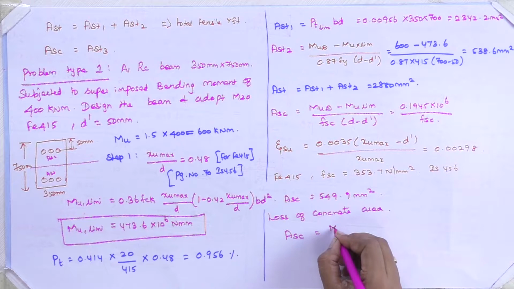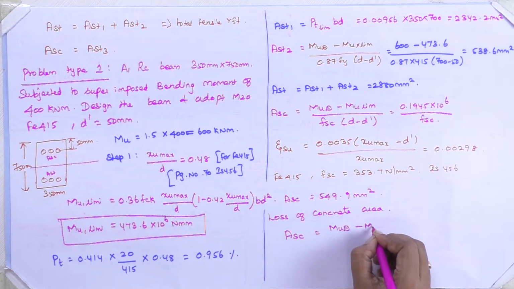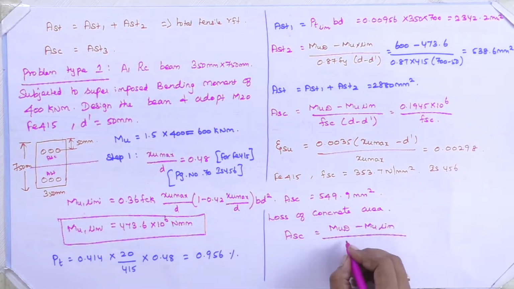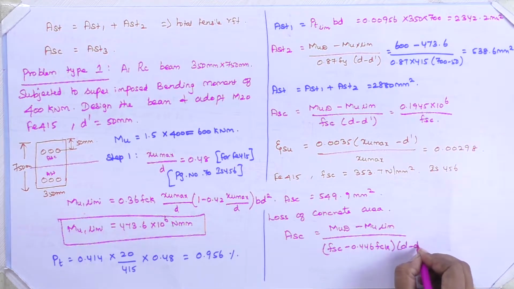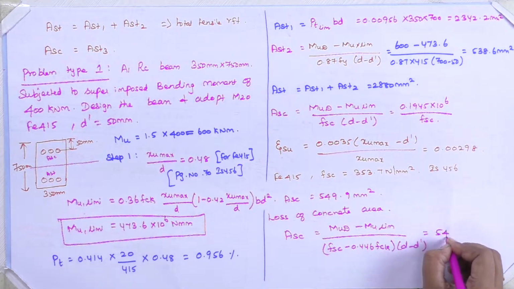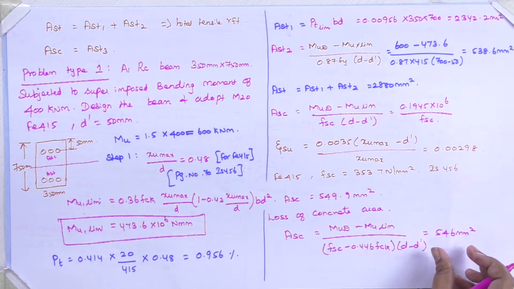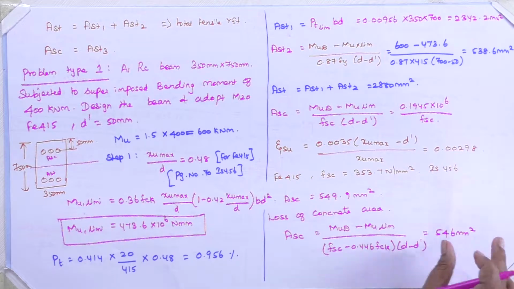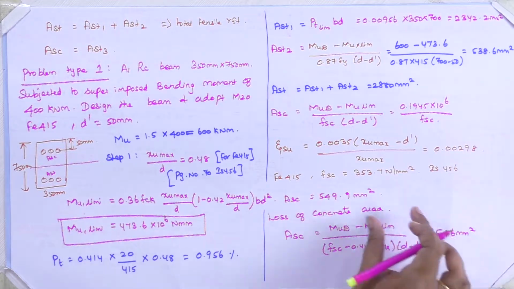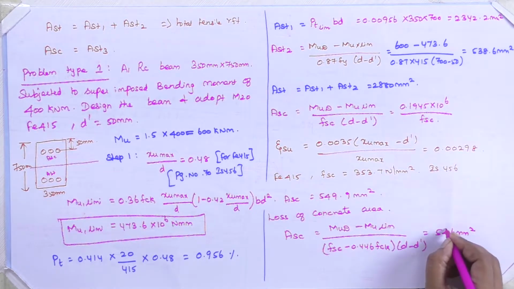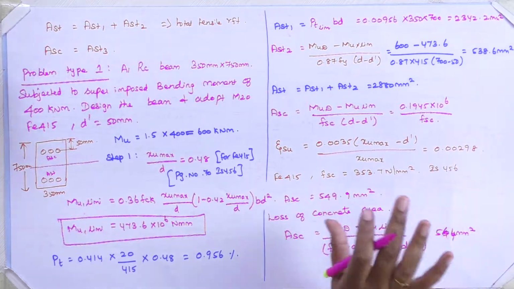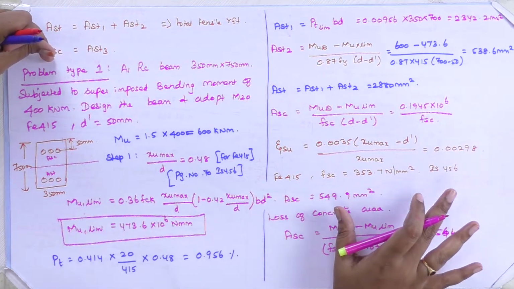Asc is equal to Mu minus Mu limit divided by fsc minus 0.446 fck into d minus d dash, that is equal to 564 mm square. This is the loss of concrete area. In this area I have provided the steel region. This is the same area, so I can cross check it.